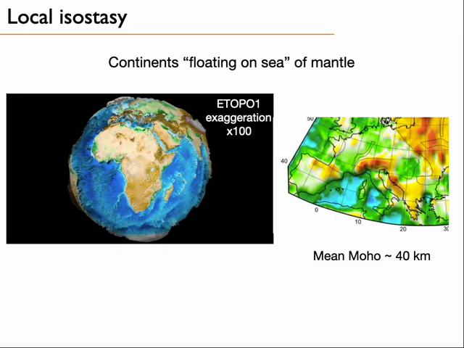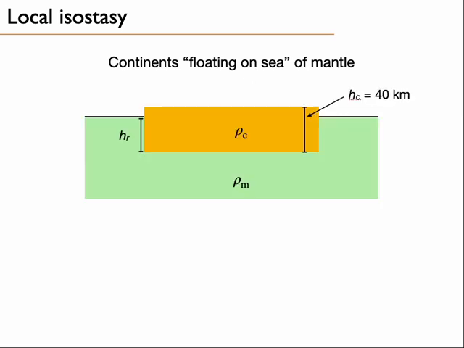So let's go back to Earth, and let's imagine that now our continents that stick out of the topographic map are actually floating on the sea of mantle. So we draw a very sketchy configuration here.